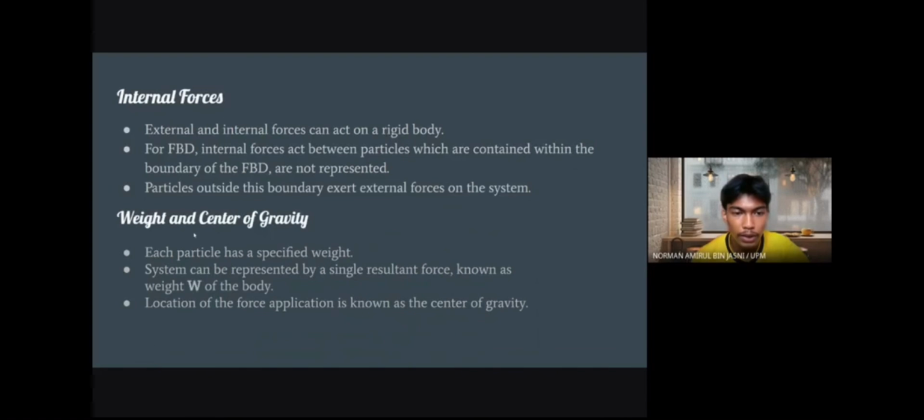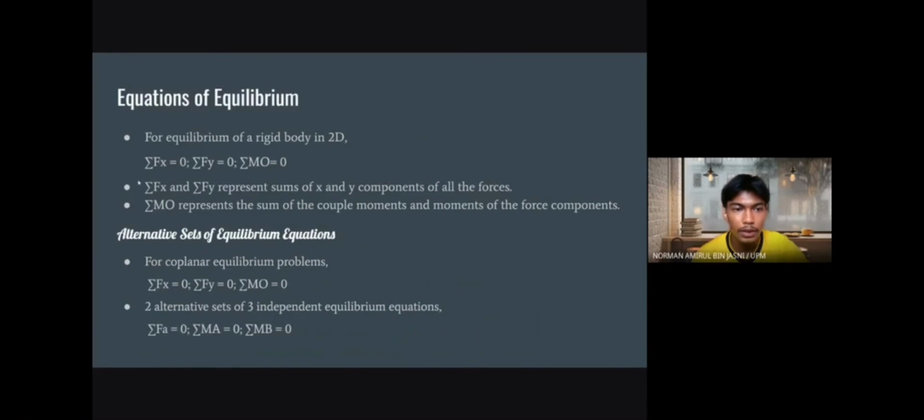Then weight and center of gravity. Each particle has a specified weight. The system can be represented by a single resultant force known as the weight W of the body. The location of the force application is known as the center of gravity. And the equations of equilibrium.